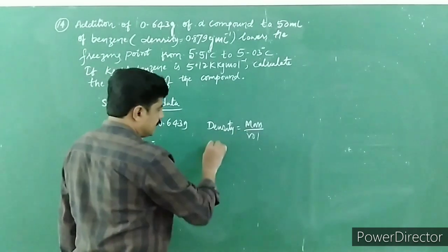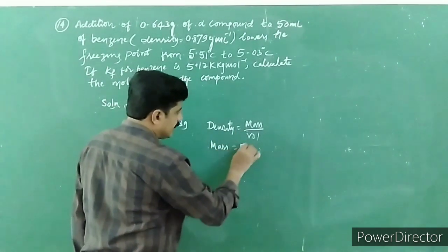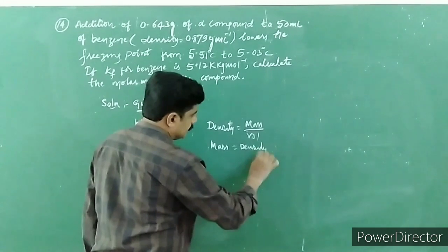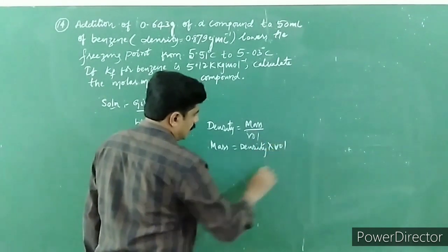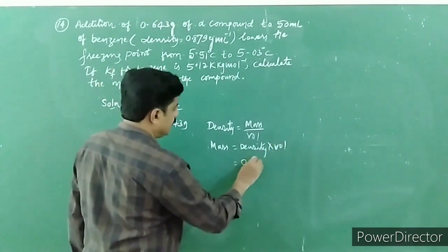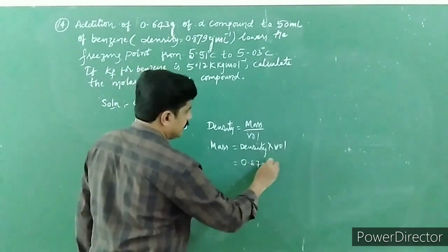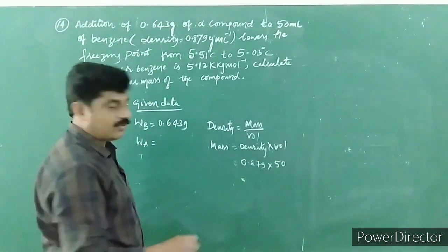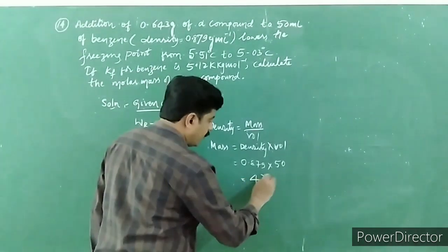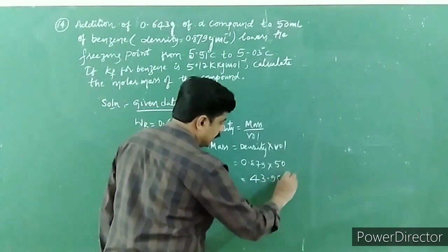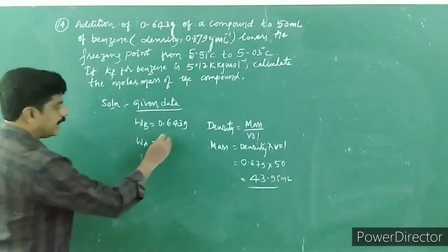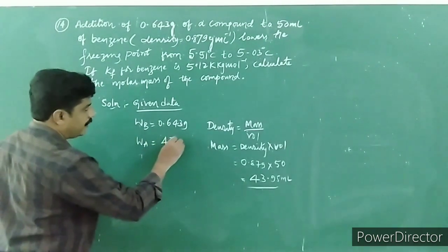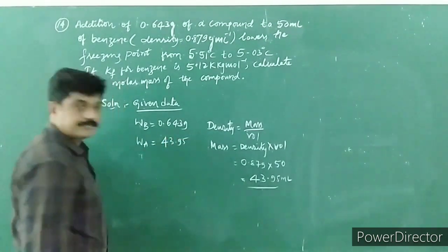Now I need mass, so mass is equal to density into volume. Now density is how much here? 0.879. The volume is equal to 50 ml. Children, if you solve this, you are going to get 43.95. So this I'll take it here for Wa, that is 43.95.